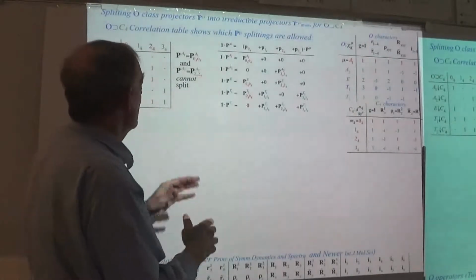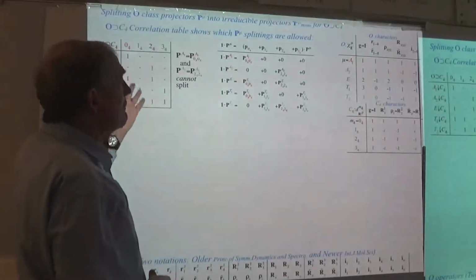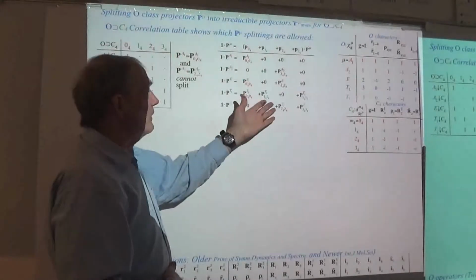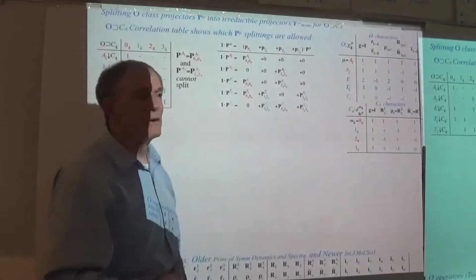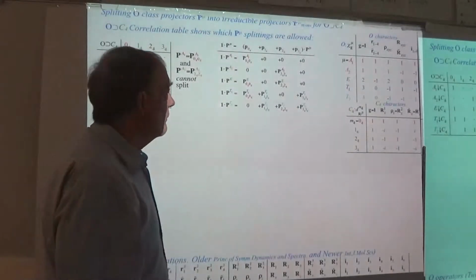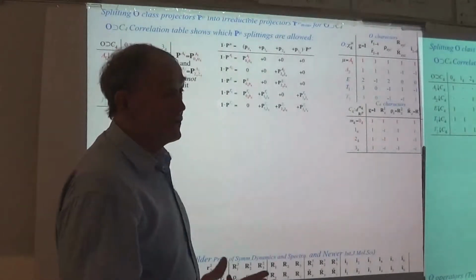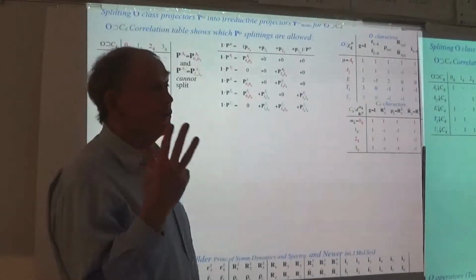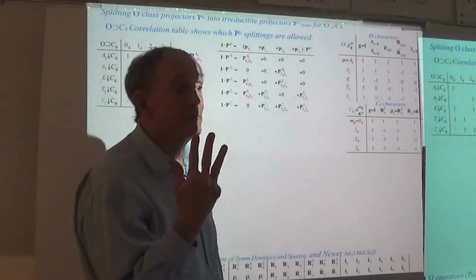So is that clear? Once you've got this thing, this is invariant. This is too, except the individual projection operators there, they're up for grabs. Okay, there's a lot of different ways to split these things, but they always have to come out to the splitting of 3.